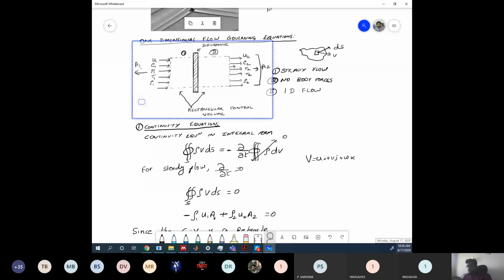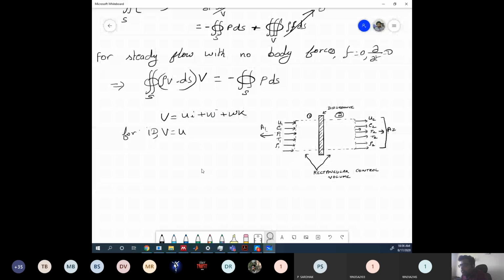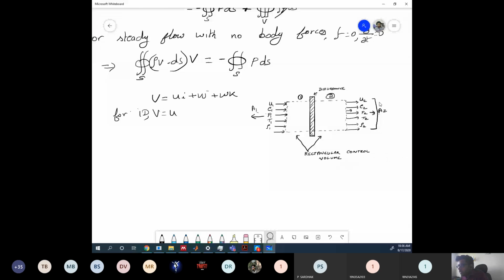For this P dS, I have to take the integral on both surfaces, right? So for the entire control volume, I have to take them.